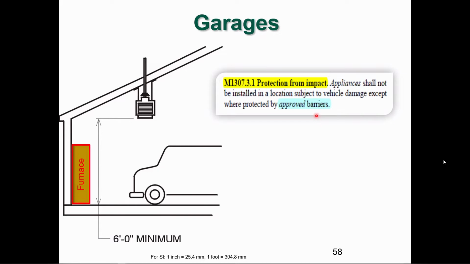So I'm going to make everybody in this virtual classroom the code official. And I'm going to present to you my drawing of what I want to put here. I want to see if you would say that this would be an approved barrier. Well, I go out on Friday evening to my bowling league, and I've got an old bowling ball and some aircraft cable, and I'm going to hang that baby right from the rafter in my garage.